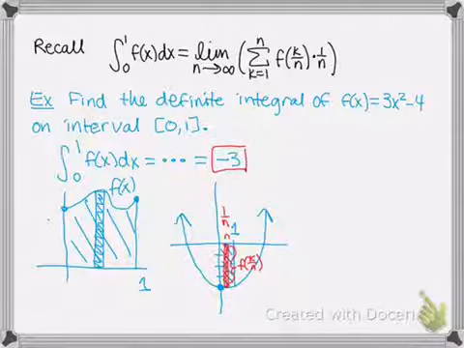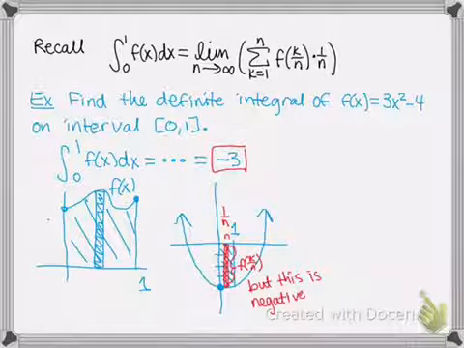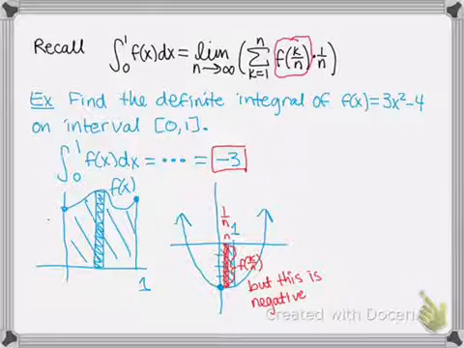But you notice here that f of k over n is negative. With our definition, when we substitute it in, we get a negative number for f of k over n, no matter where we are in our interval. So we got a negative number times 1 over n. Thus, when we add up a bunch of negative numbers, we're going to get a negative number overall.